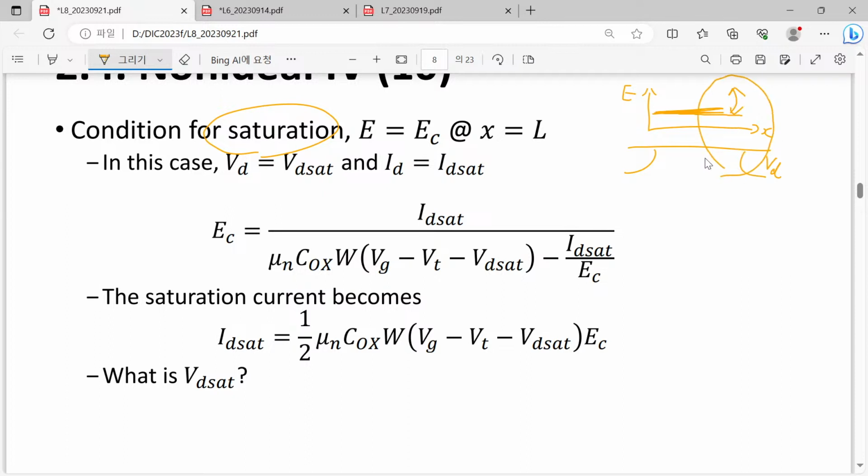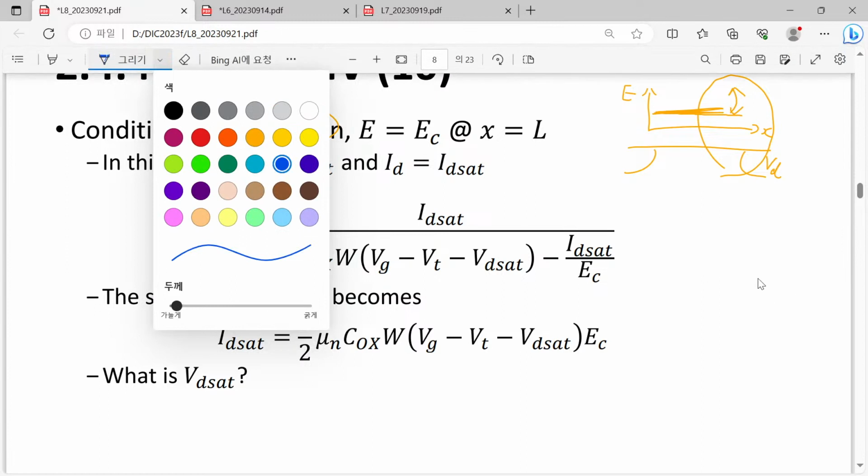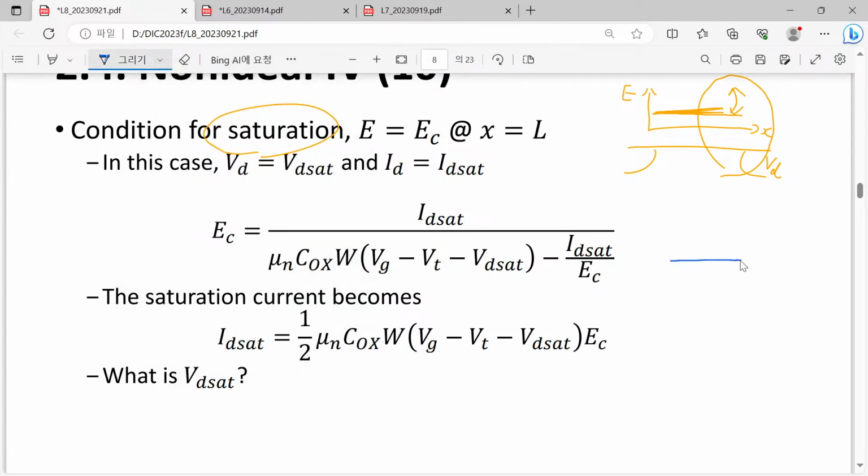So are you with me? So please remember this one. Previously, one student asked me about the channel length modulation. At that time, I answered in that way. So when we have sufficiently high drain voltage, then here we have almost no channel electrons. Do you remember?